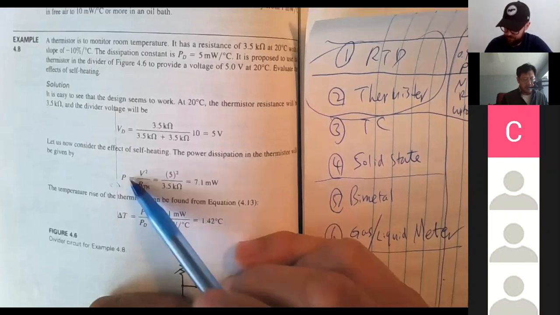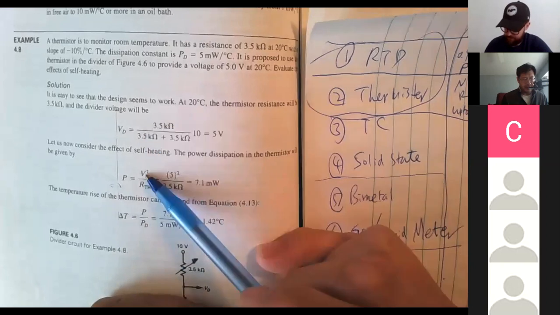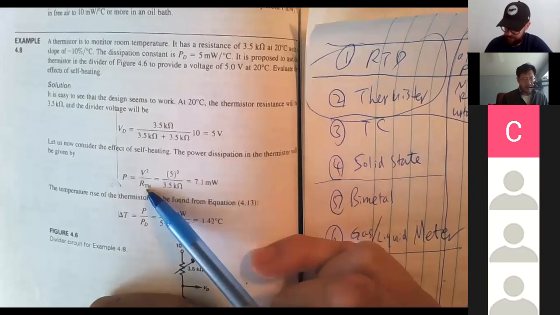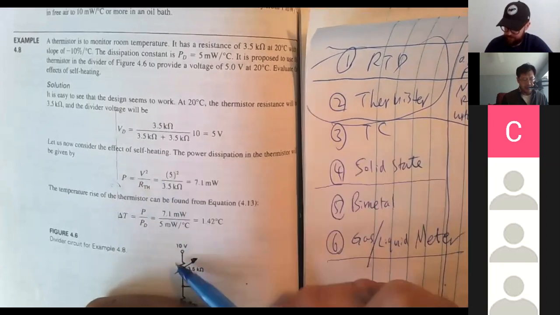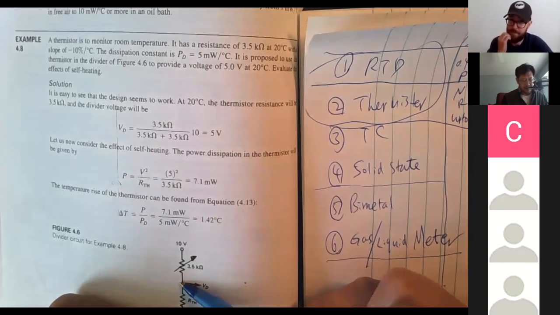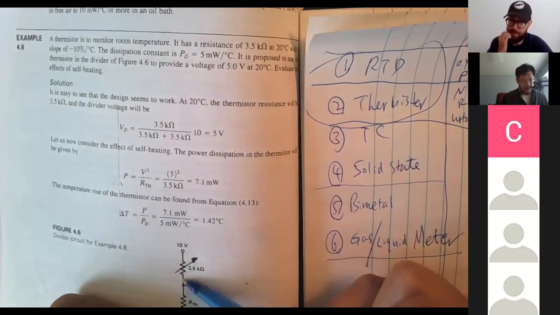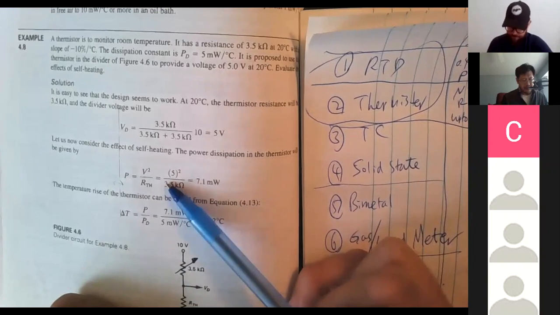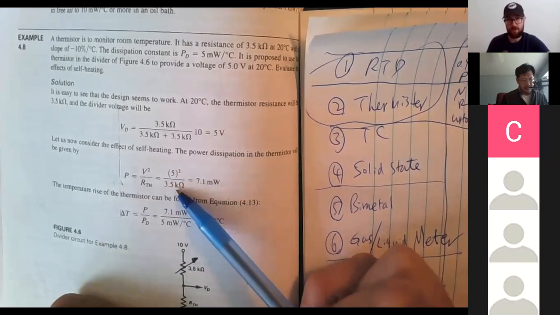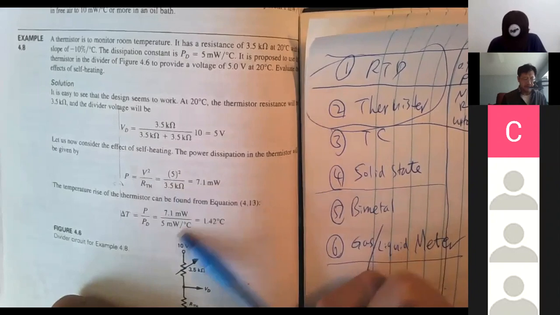And the amount of power is the voltage squared divided by resistance. Voltage is 5 here. So 5 squared divided by 3,500 ohm is 7 milliwatts.